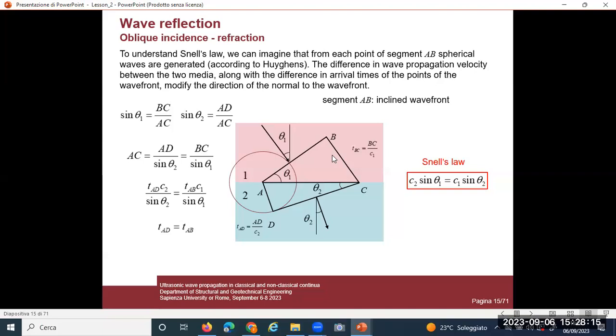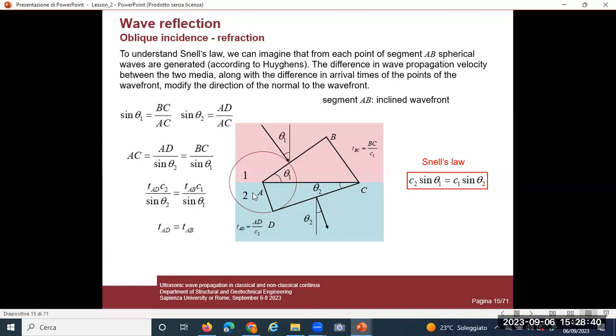If you pick up two equal time instants, and the velocity of wave propagation is different, in the same time the wave travels different distances.